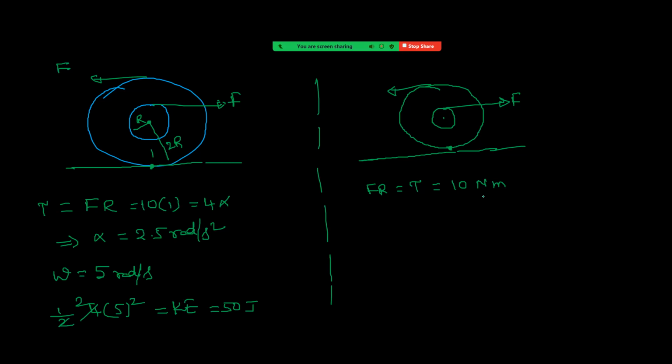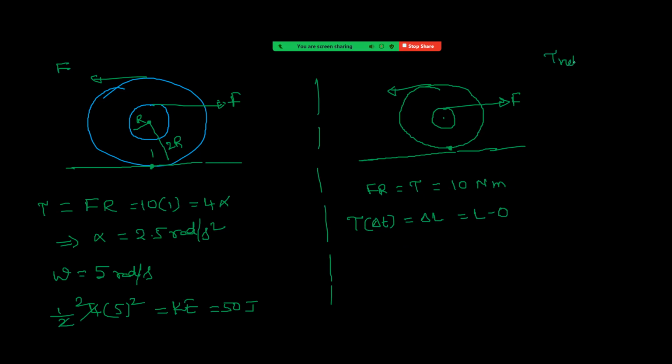Because of this torque, which is a constant, if I am taking torque into time interval delta t, this gives us the change in angular momentum. That is equal to final value minus initial value.